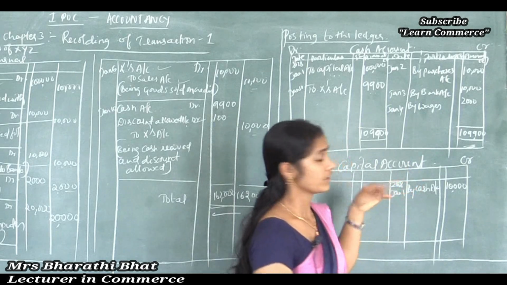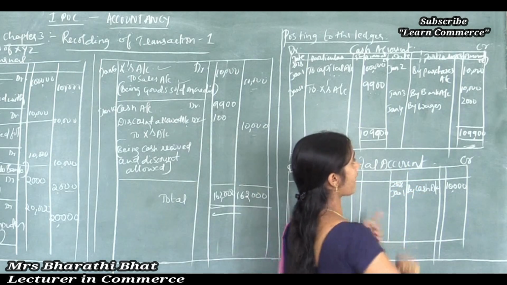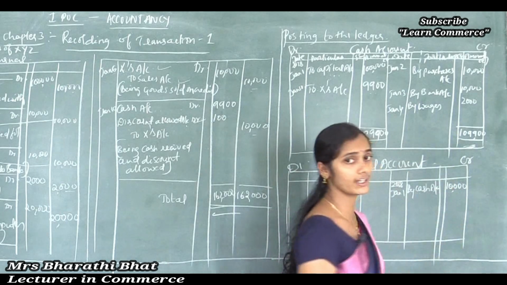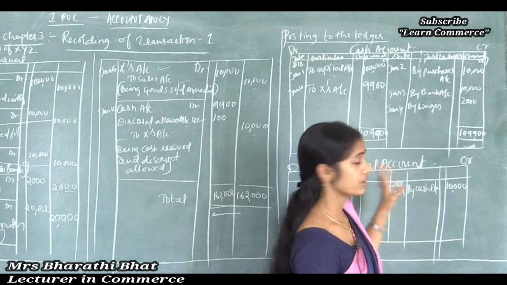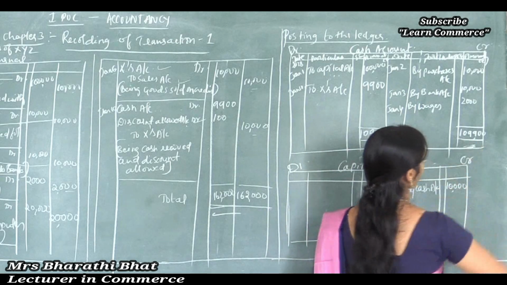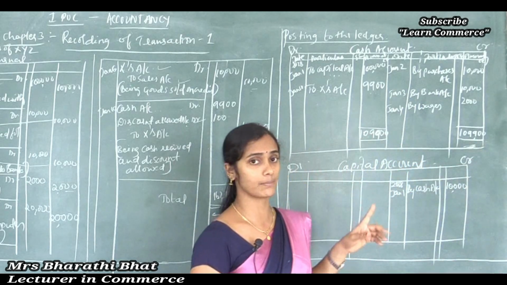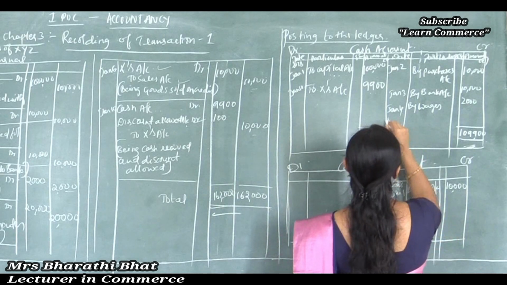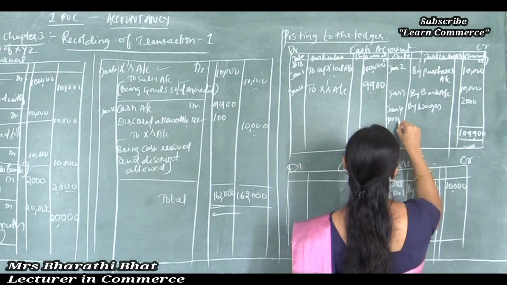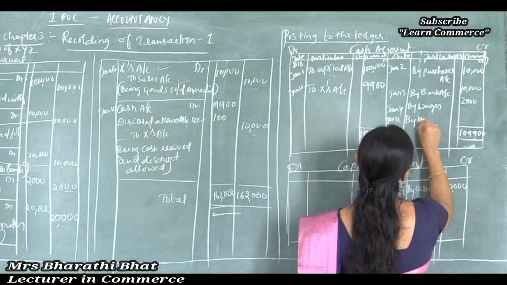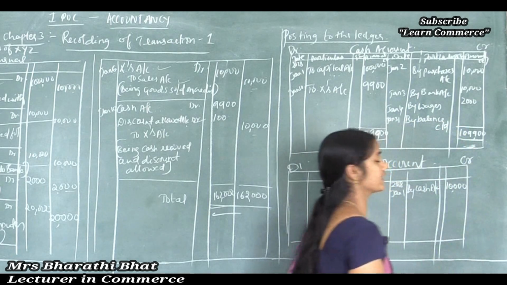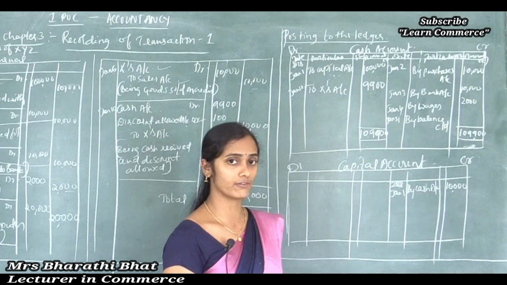So now the next step is we need to balance the credit side. Correct, right? Because the credit side amount is very much less compared to the debit side. So how can we balance the credit side amount? At the end of the month, January 31st, we should write by balance carried down. At the end of the month, we need to carry forward the balance.